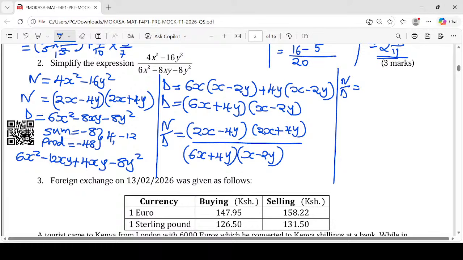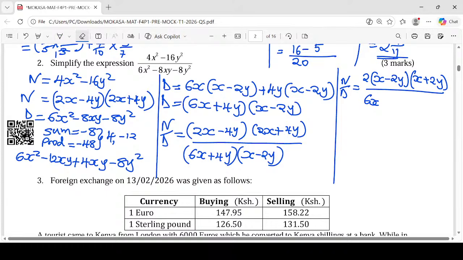The numerator we can factor out 2 because it's very common, so 2 into, I'll now be left with x minus 2y, then x plus 2y, all over 6x we're having here. In fact, this 6x plus 4y, we can also factor out 2 here.